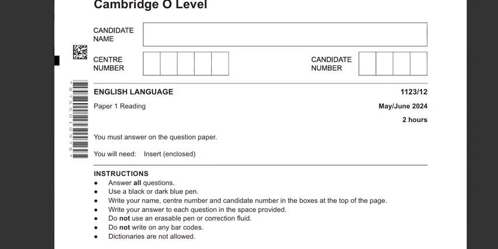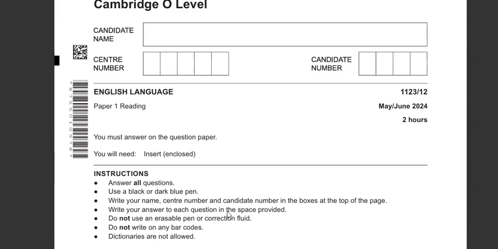Usually when you are sitting in the examination hall, the invigilators show you the centre number, or the centre number is also mentioned in your statement of entry. The invigilator is not going to provide your candidate number. Cambridge has already provided your candidate number, and it is written on your statement of entry. So you have to fill in all of these three columns according to your credentials.